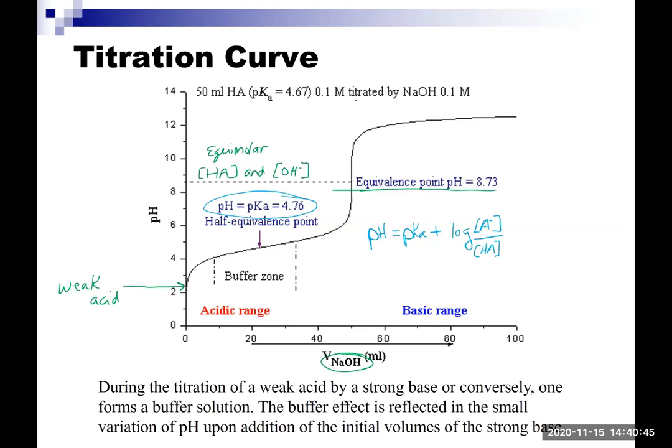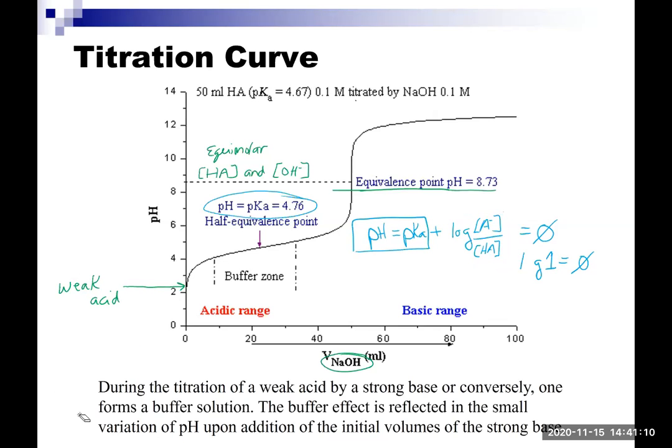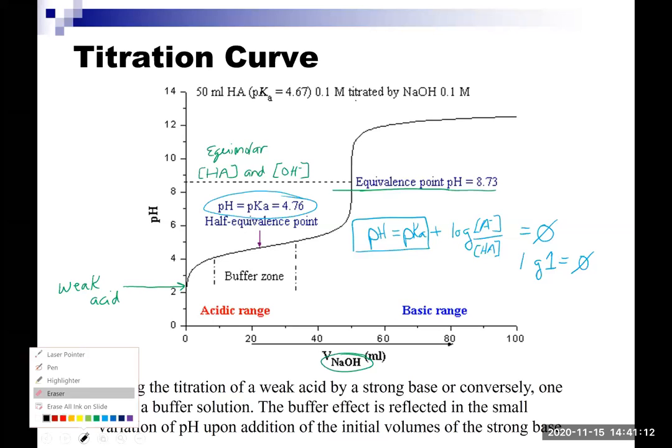So, in other words, for the pH to equal the pKa, all of this has to equal 0. And the log of 1 is equal to 0. So the way that we get that to 0 out is we need for our A minus concentration to be equal to our HA concentration.